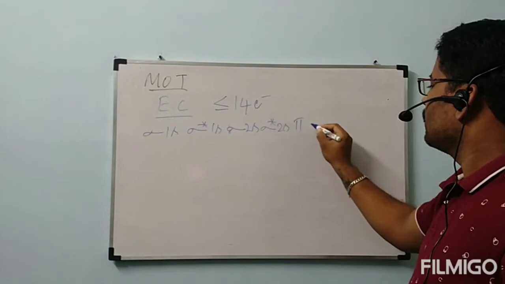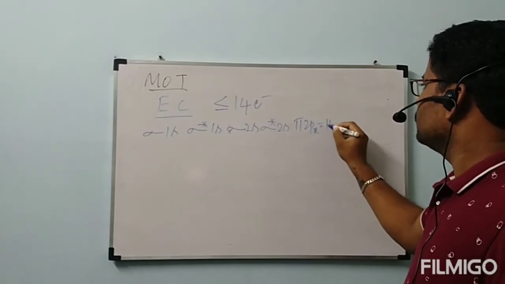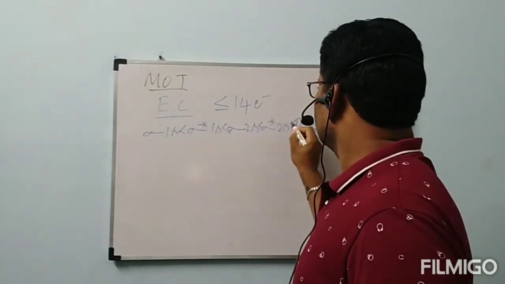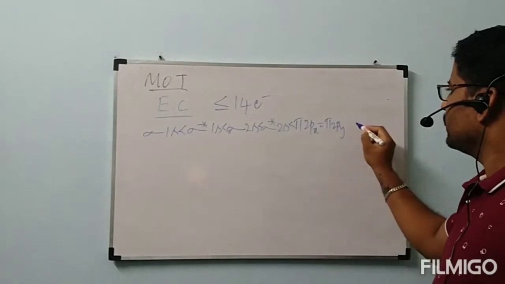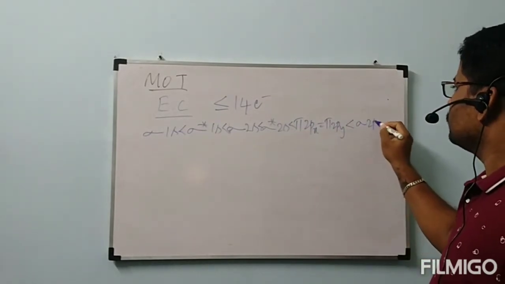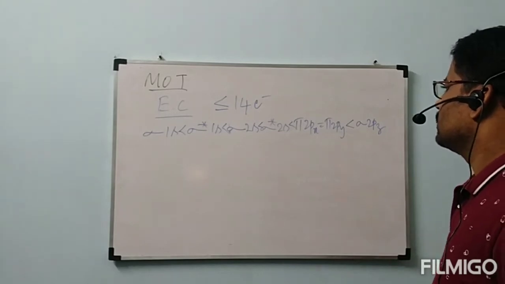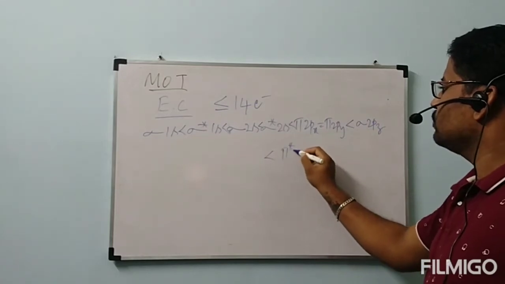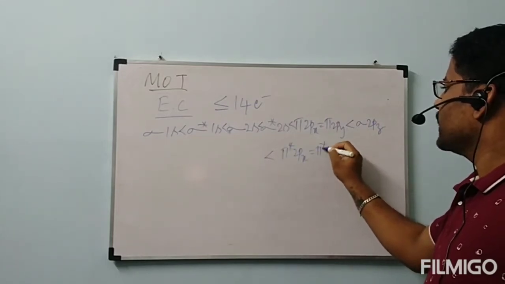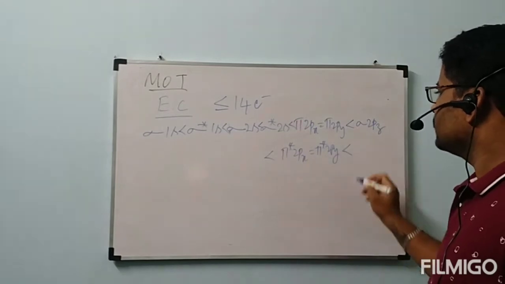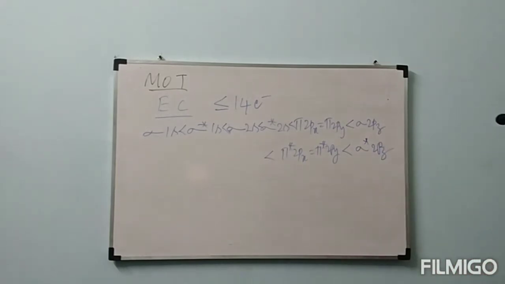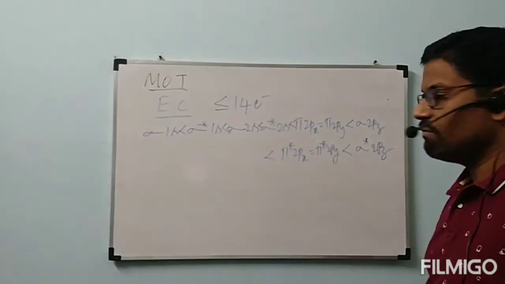Next, pi 2px equal to pi 2py, less than sigma 2pz, less than pi star 2px equal to pi star 2py, less than sigma star 2pz. This is the electronic configuration of species which contain less than or equal to 14 electrons.